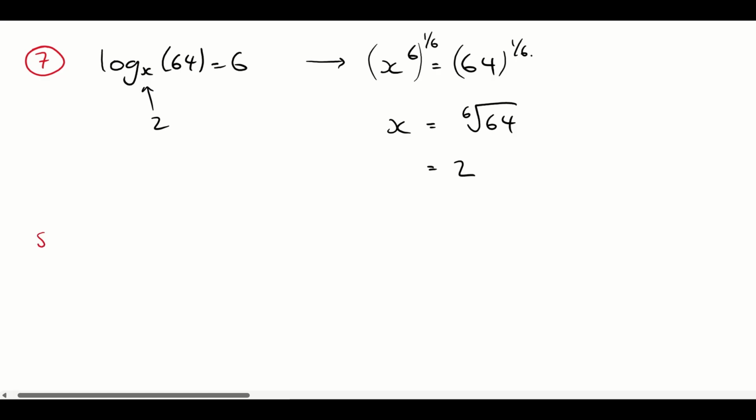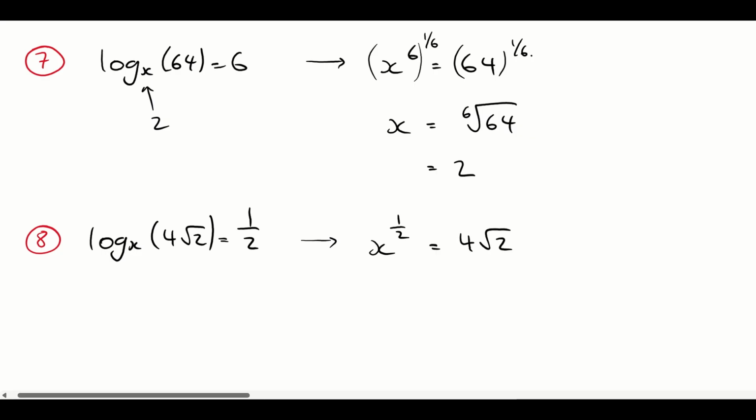If we do one more, question 8, log to the base x of 4 root 2 needs to be equal to a half. They're starting to get a little bit trickier. If I convert that into my indice form, we're saying that x to the power of a half is equal to 4 times the square root of 2.